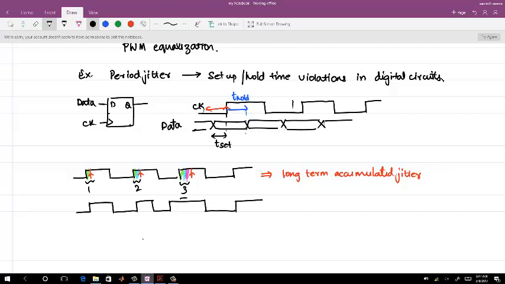But the period of the second clock is much different on both sides. And if I have all the setup and hold times for this kind of clock, and I get the next clock cycle like this, it is highly likely it will violate setup and hold time for any digital synchronized circuits.